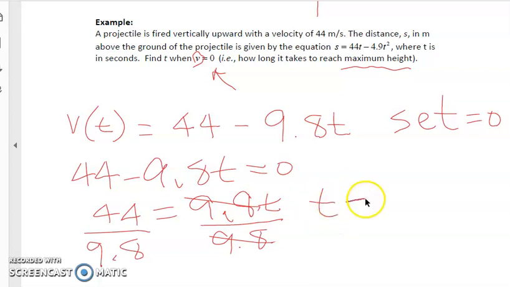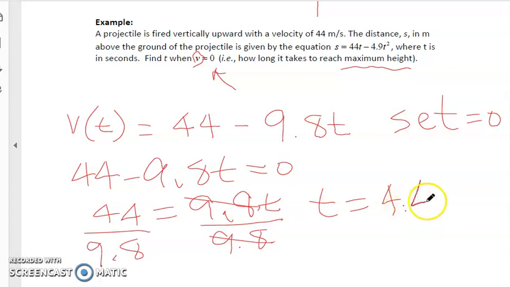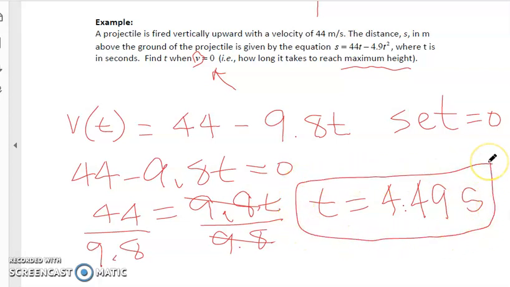So you're going to get t is equal to, now I've got the calculation done already, it's approximately 4.49, and the unit for this time is seconds. So make sure again you put your unit down. So it's about 4.5 seconds. At about 4.5 seconds, the object reaches its maximum height and begins to fall back down toward the Earth again.